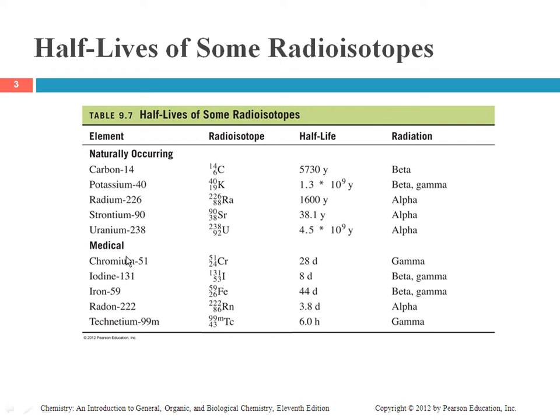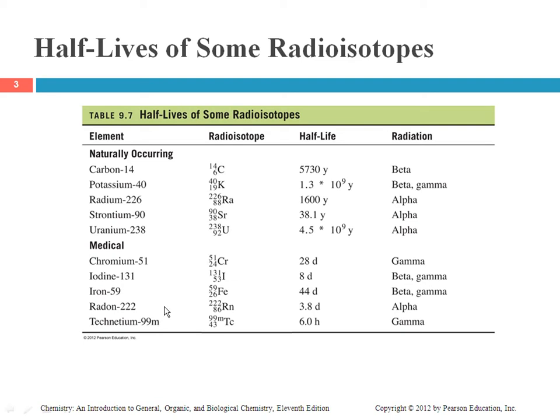If you look at some of the radioisotopes used more for medical purposes, iodine-131, used for the thyroid, for help with hypothyroidism, has a half-life of 8 days. So that's tremendously less than that of carbon-14.